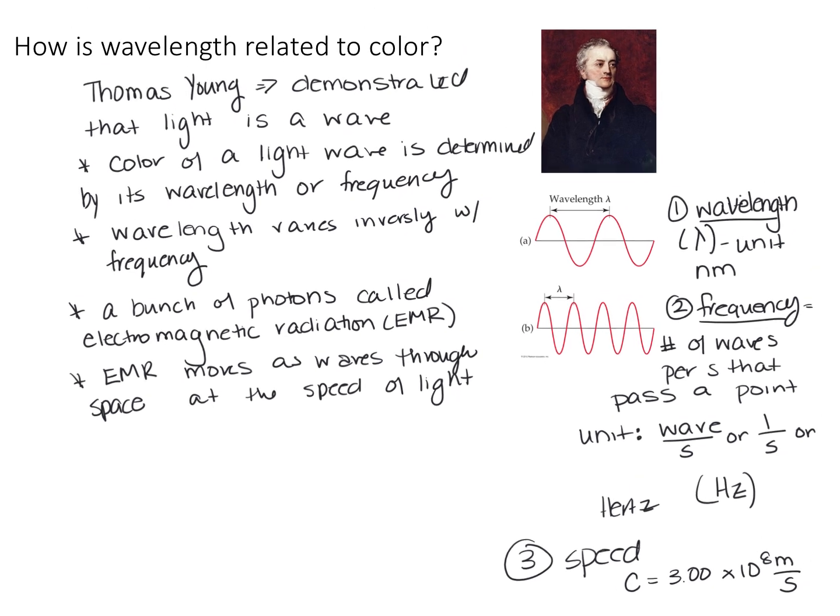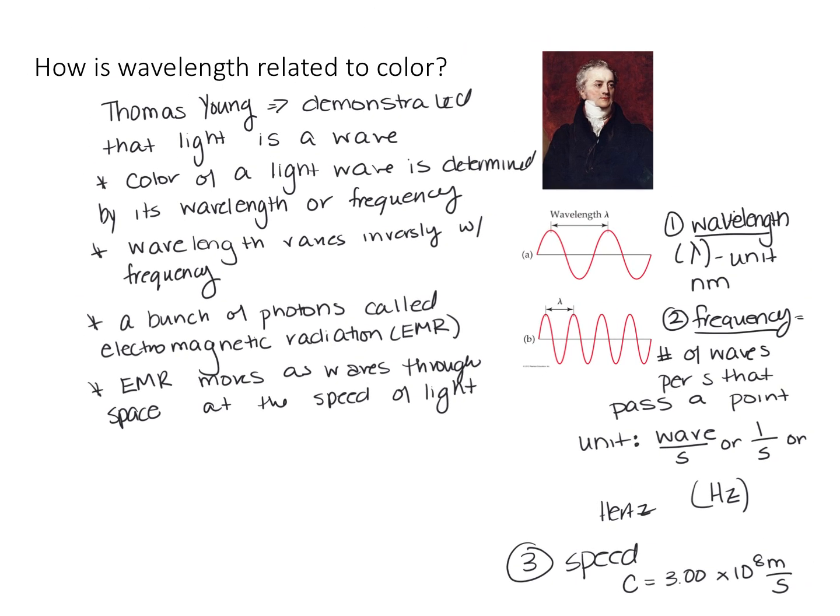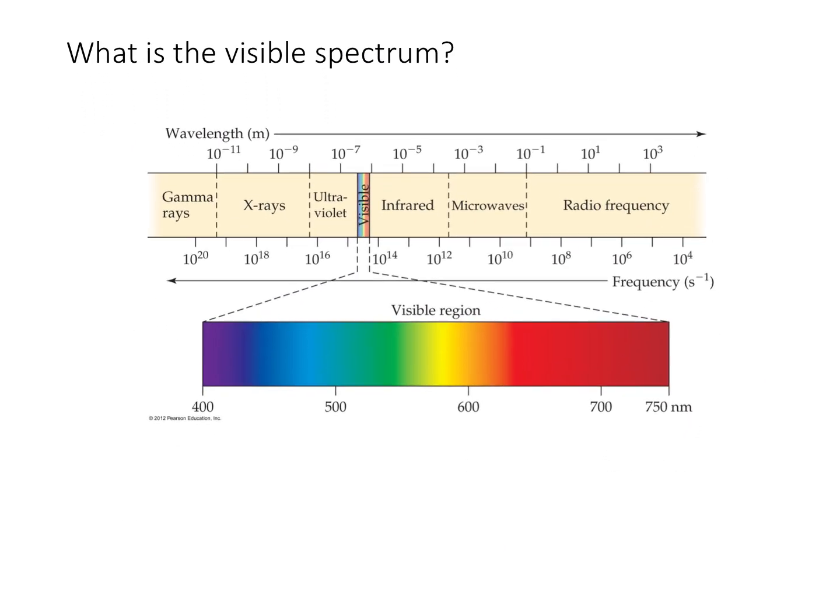So, right, Thomas Young demonstrated that light is a wave, and the color of a light wave is determined by its wavelength or frequency. So, when we look at this, here is the visible spectrum again. Here is wavelength, and here is frequency, what we just talked about. The range of light from red to violet in a rainbow that we see there is referred to as the visible region or the visible spectrum.